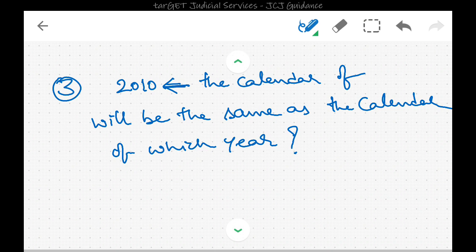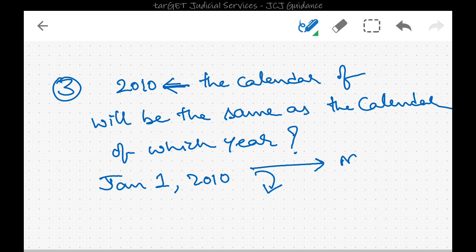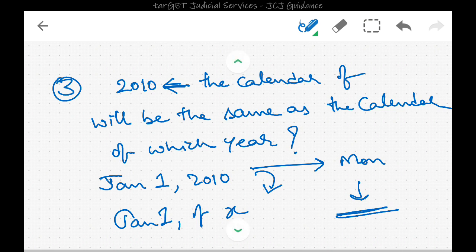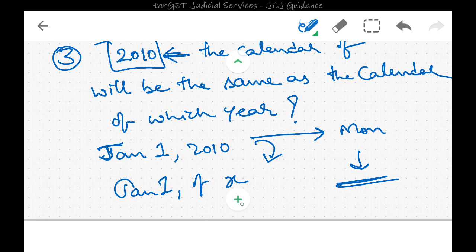So what this means is that January 1st 2010, if it is on Monday, should be the same day on a particular year, January 1st of some X year. So not only January 1st, every day should be the same. Then only the entire calendar of 2010 can be said to be the same as the calendar of some other year. So these are the three models.